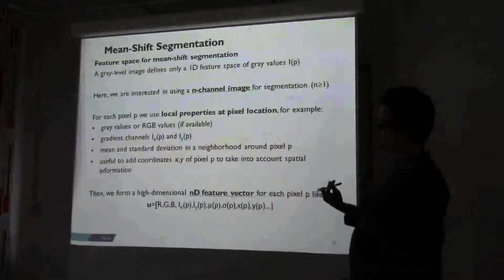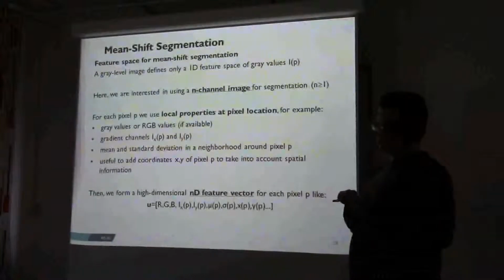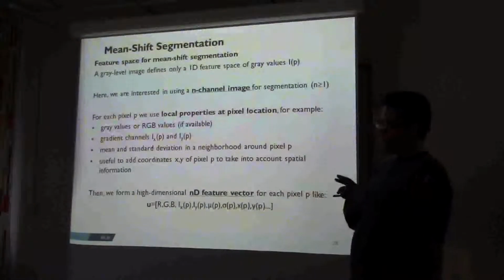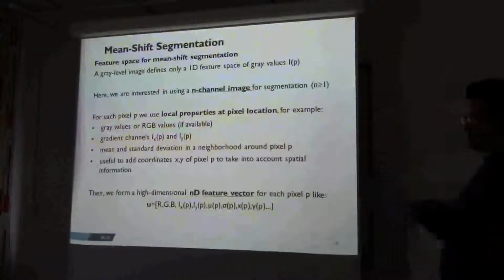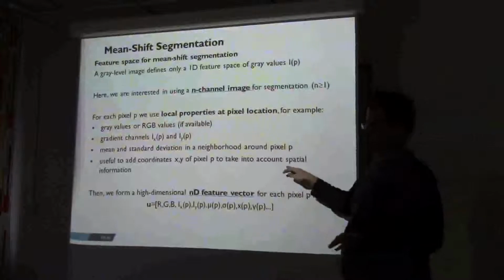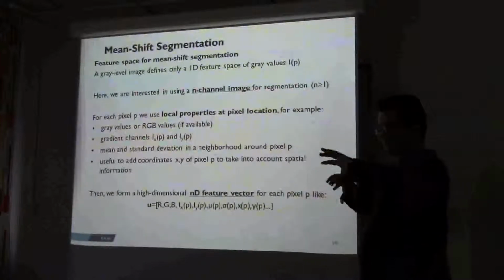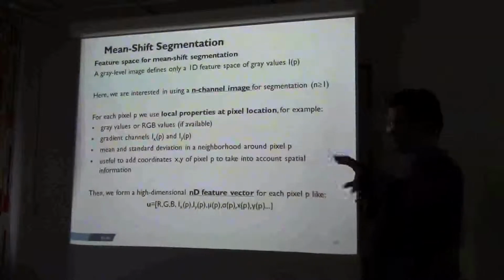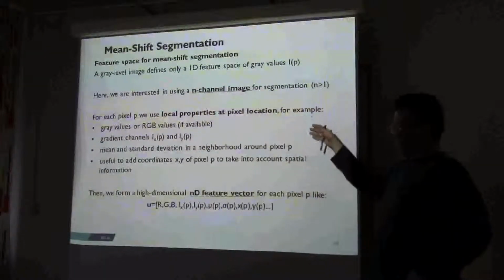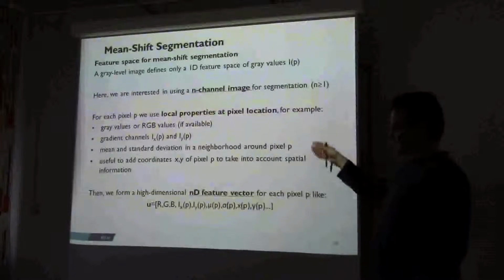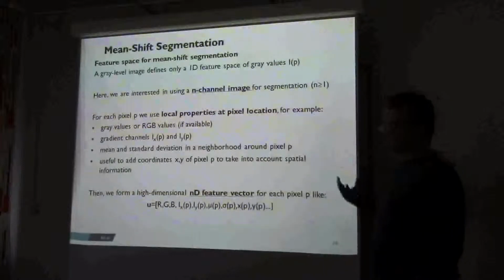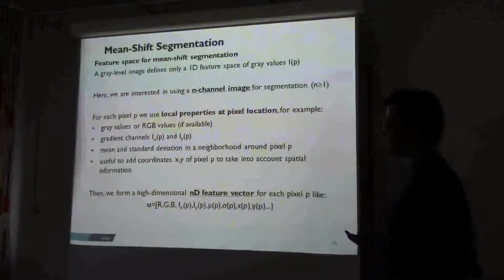If you know that your regions can be separated by textures, you can apply a texture detector to your image and use the texture values. So you will get segmentation based on these texture properties. It depends on your application and which properties define the regions that you want to segment.